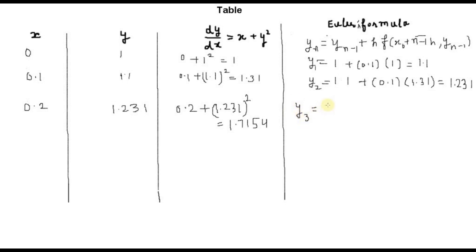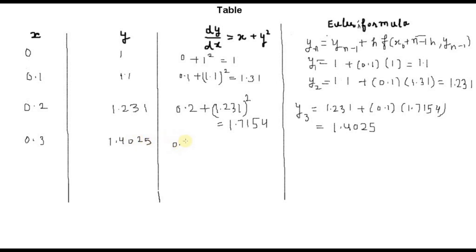What is y2 here? We have to use the previous value. So y2 in this row is 1.231 plus 0.1, the value of h, times the function value at the particular point. If we calculate it, y3 is 1.4025. Now taking the next step, this is 0.3 and this is 1.4025.